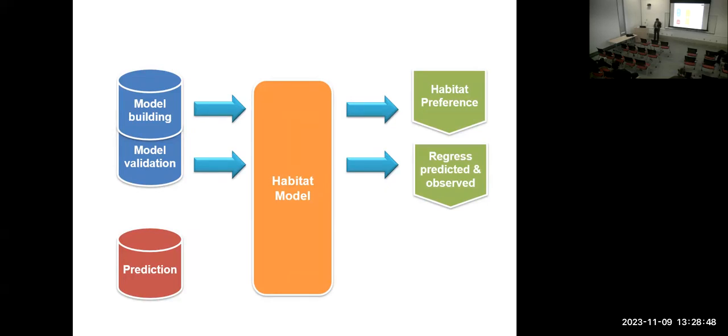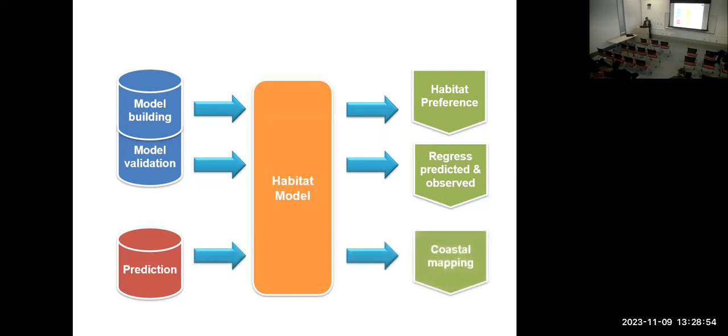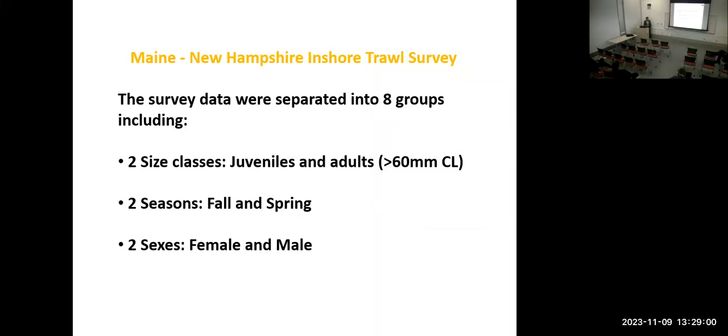Once the models are validated, we use the model for prediction, and with the prediction we map the fish distributions along the coast. Then we apply the different sampling or survey strategies to the simulated populations and do the comparisons. Because when you simulate the population, we know the answer, right? That's the beauty of the simulation.